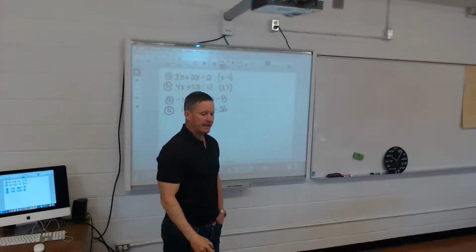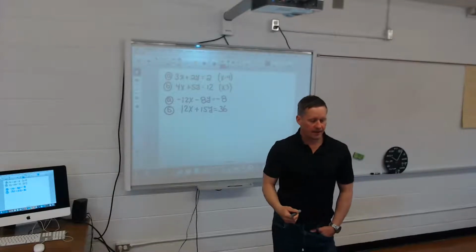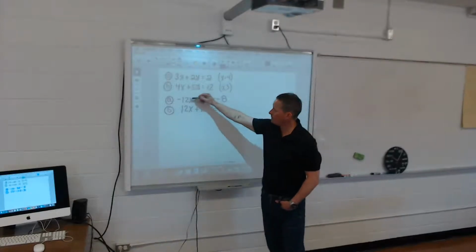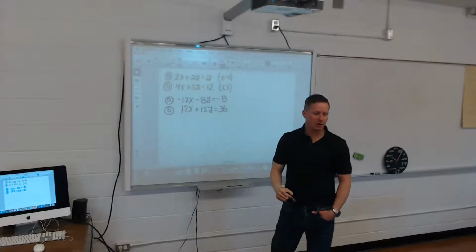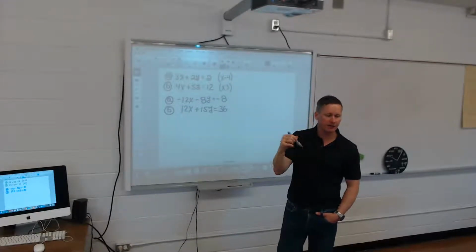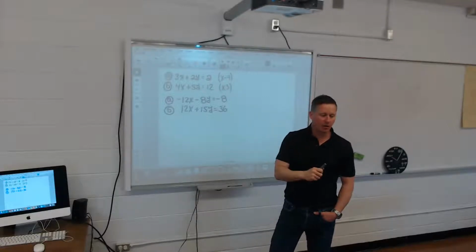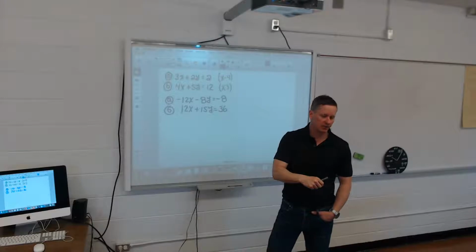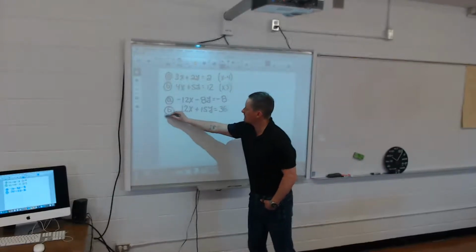Again, in the elimination method, my intended goal is to get the variables so that I can cancel one of them out. In order to cancel them out, I have to have the numbers in front of them be opposites, like negative 12 plus 12, negative 4 plus 4, negative 3 plus 3. Now I can add them together.